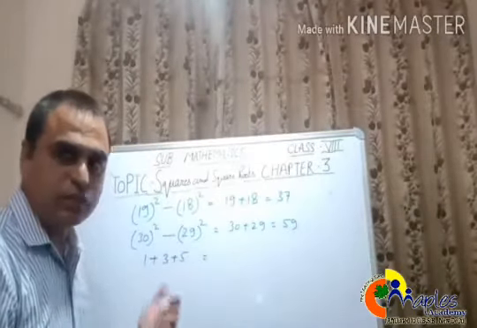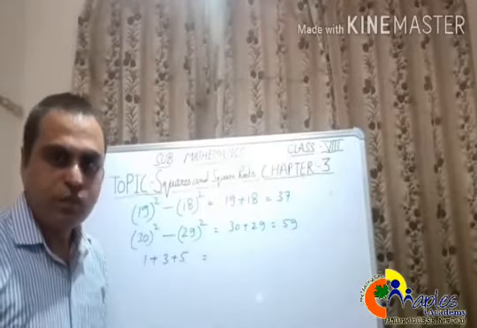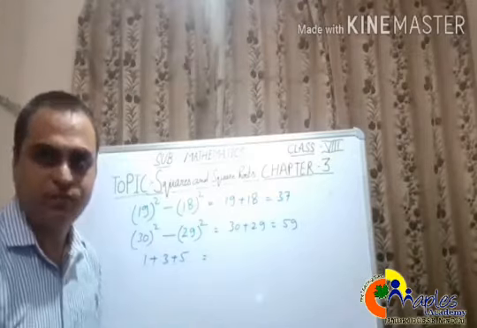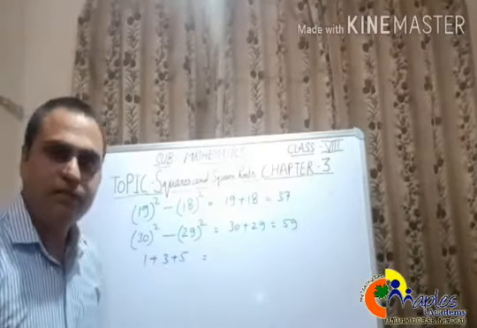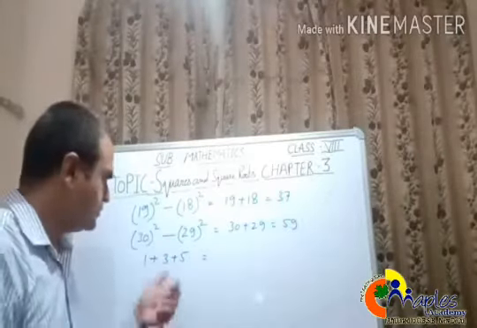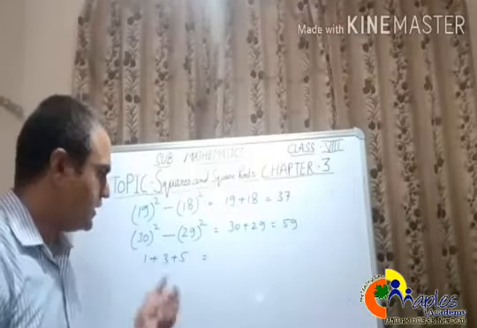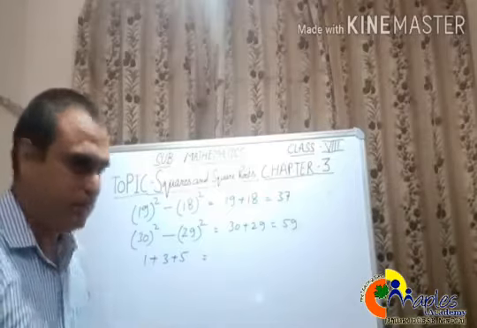Only 3 numbers. First you have to tell me whether these numbers are odd or even. Obviously these 3 numbers are odd. Why? Because these numbers can't be divisible by 2. 1 can't be divisible by 2, 3 can't be divisible by 2, and 5 can't be divisible by 2. That's why these three numbers are consecutive odd numbers.